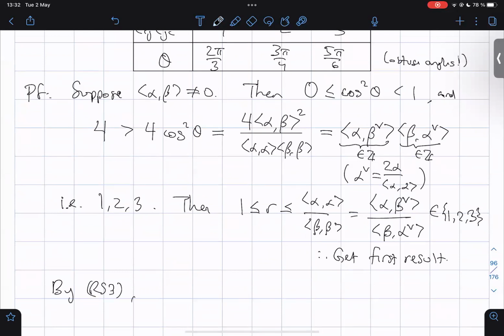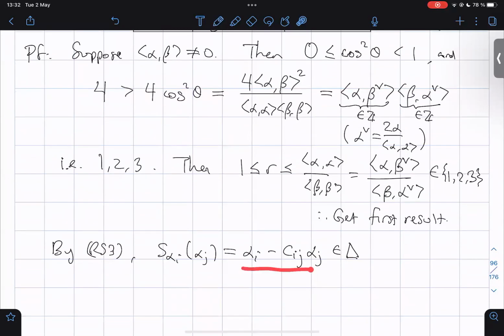Next, for the simple case. You use the formula for root reflections. So we know that alpha j under this root reflection by S alpha I, by the RS3 axiom, is still a root.